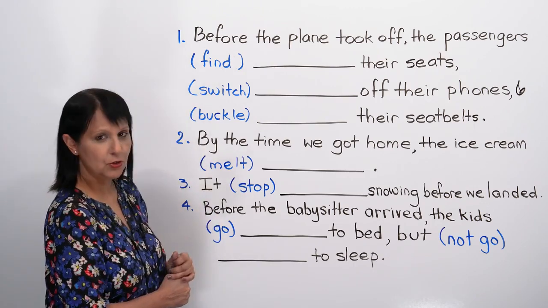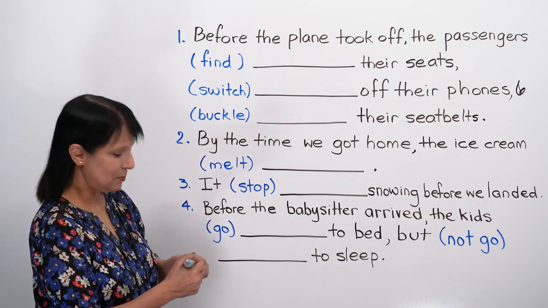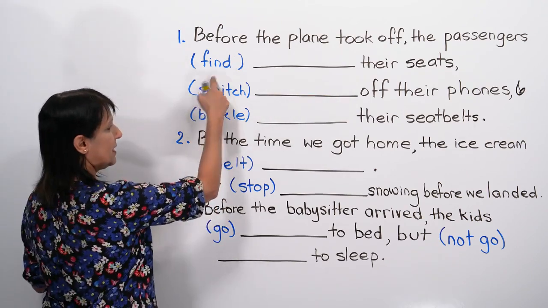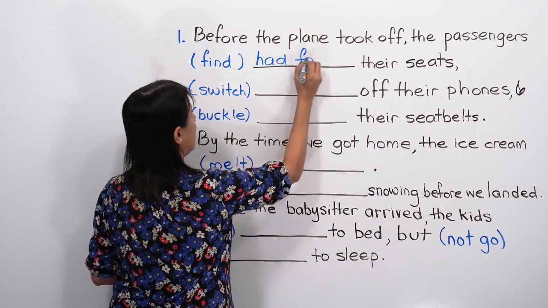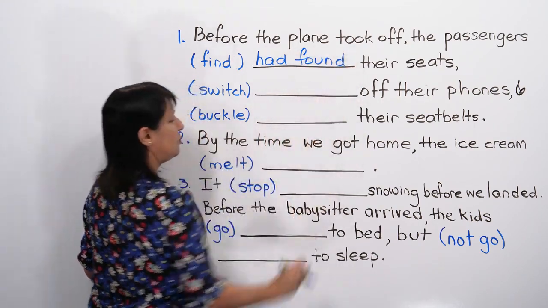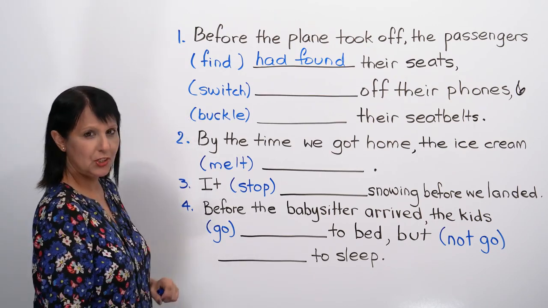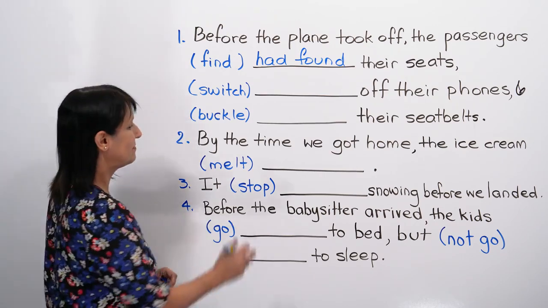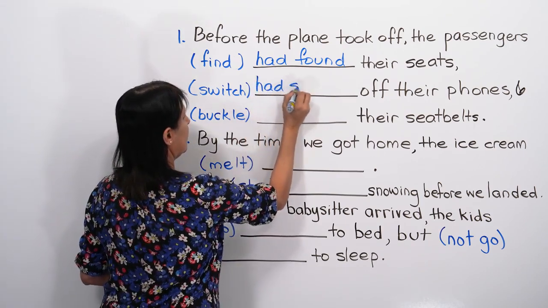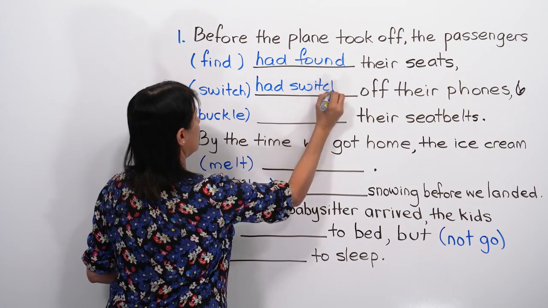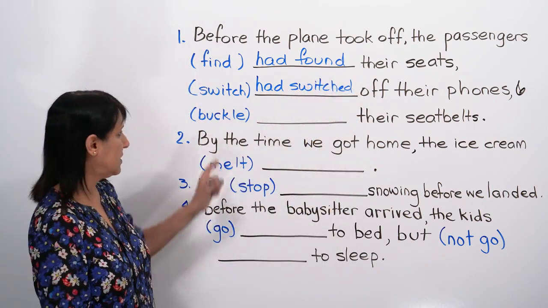So, before the plane took off, the passengers, put it into past perfect, find becomes had found. This is an irregular verb, had found. Switch, regular verb, had found their seats, had switched off their phones.